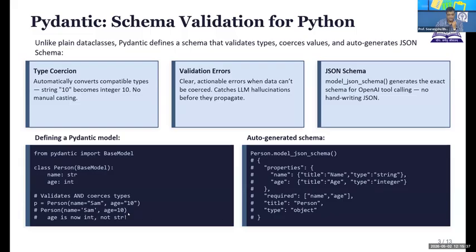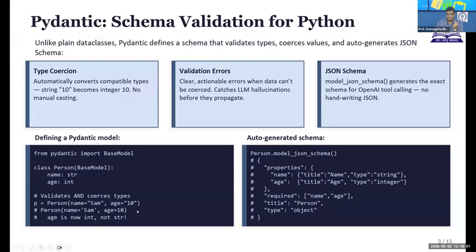Now instead of age equal to within quotes 10, suppose you gave age equal to within quotes, let's say, 10.5. That is not an integer, so it will throw an error here. It will not create this object.